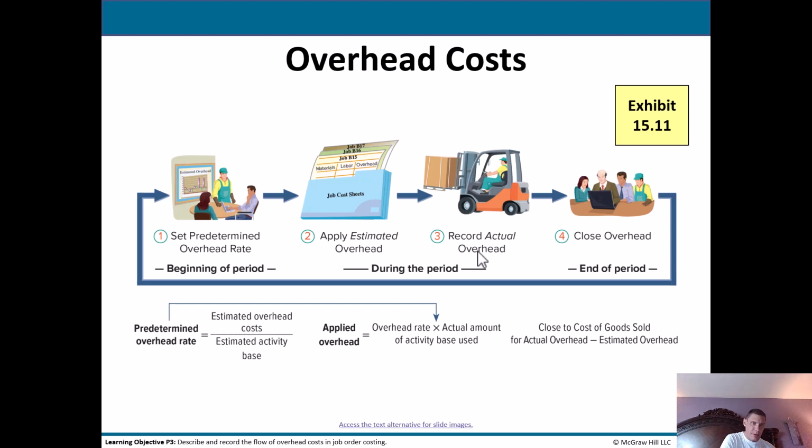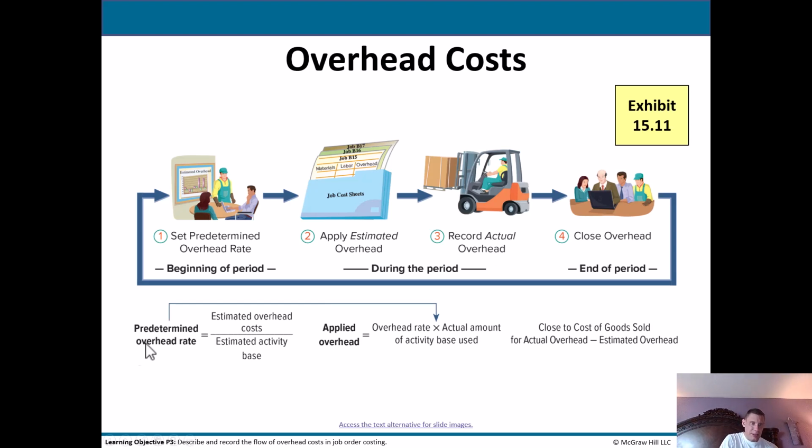So one of the things we like about applying the overhead evenly over the year is it smooths out those seasonal fluctuations. And then number four, at the end of the period, they'll close the overhead. They'll look at what they applied, look at what the actual amount was, compare, and then make an adjustment to close that out. And we'll look at that a little bit later on in this video.